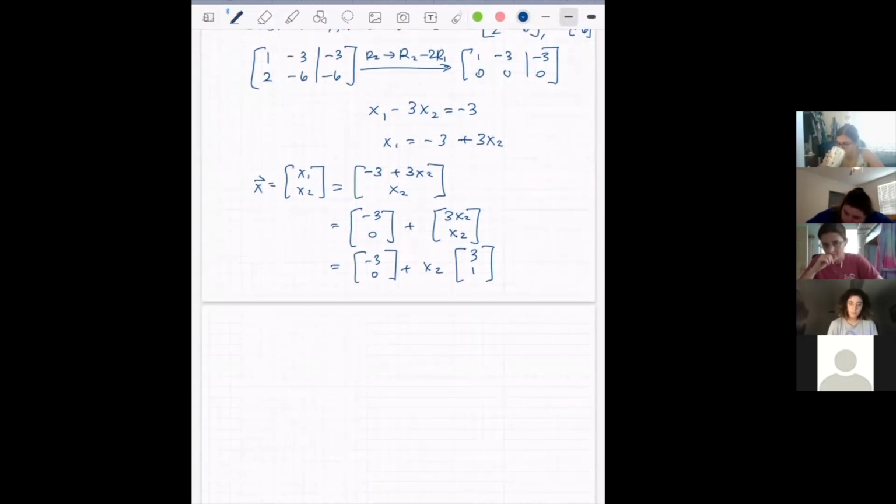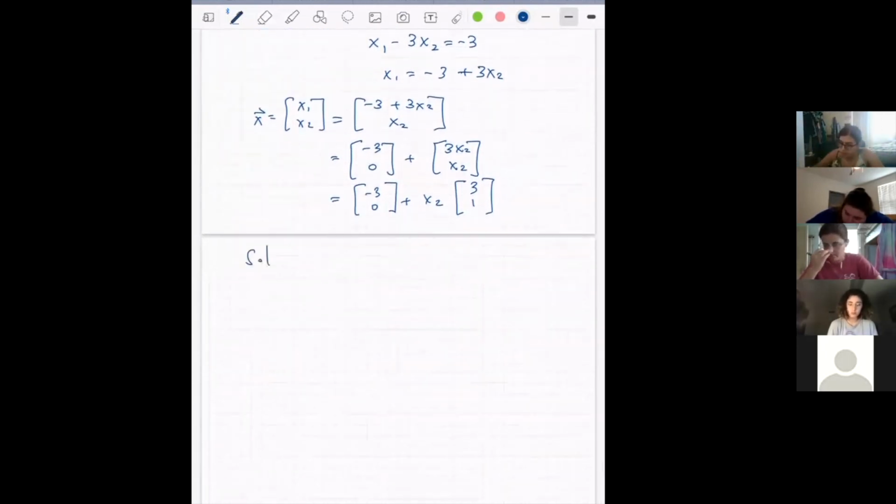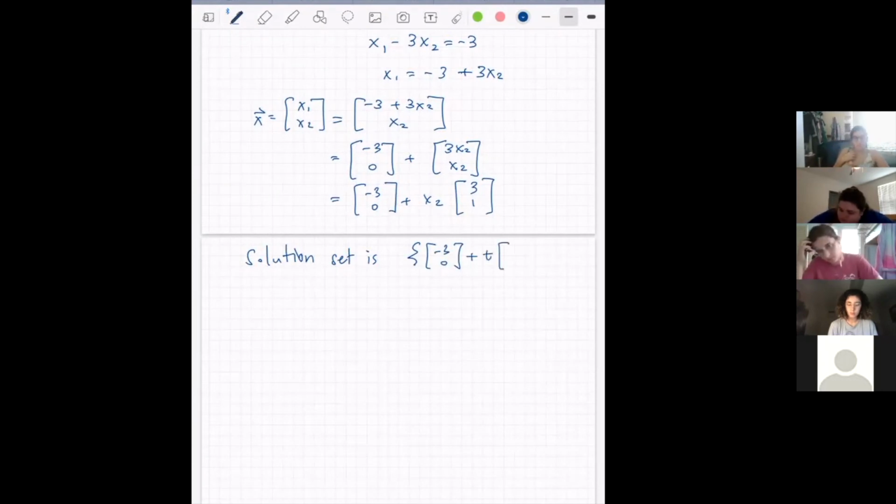Okay. So that means that our solution set is going to be the set like this, such that t is in R. Now, this is not all linear combinations of some collection of vectors, but we can see it is a span.